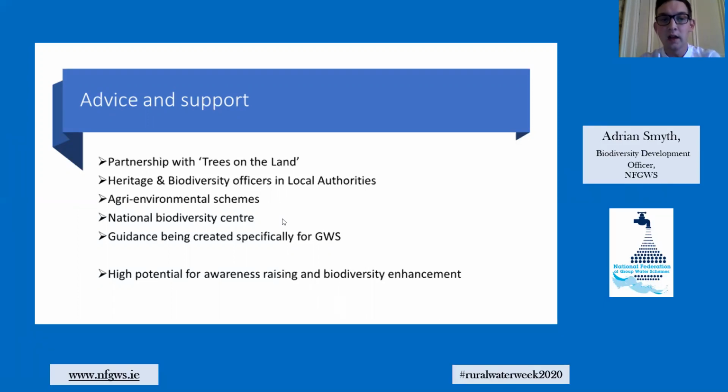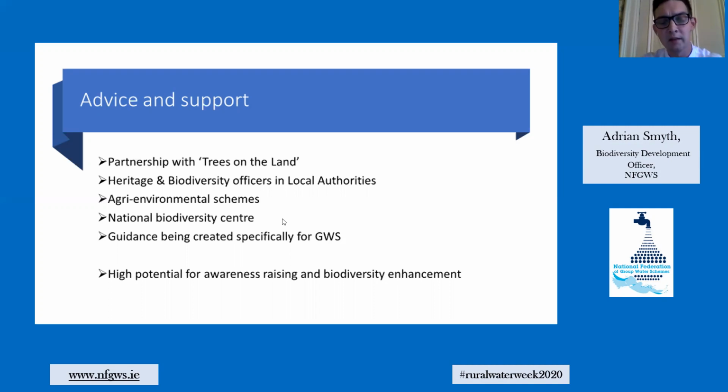Your local authority, the majority of local authorities have a heritage officer and some have biodiversity officers, and they're really, really good sources of information about your local area and can also help the scheme with, say, funding queries and things like that.